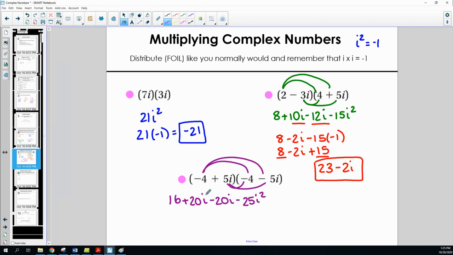So the 20i and the -20i, they're going to cancel out and become 0. So we have 16 minus 25, but we have to replace i squared with negative 1. So we end up getting 16 plus 25, which is 41.